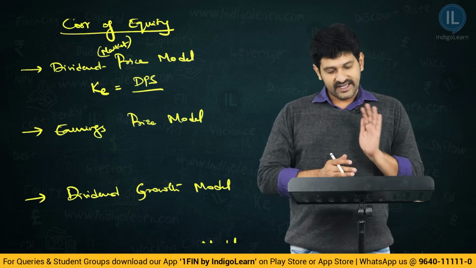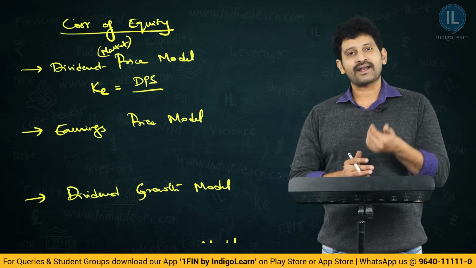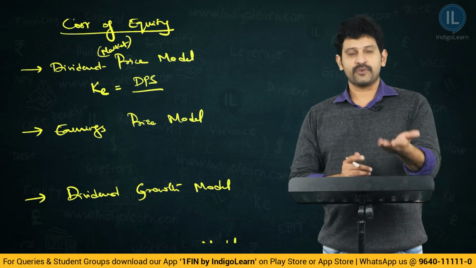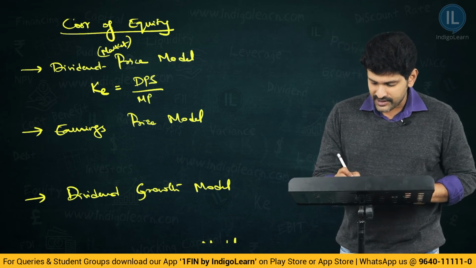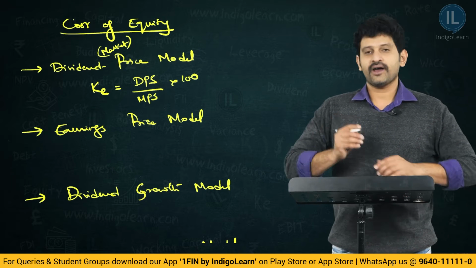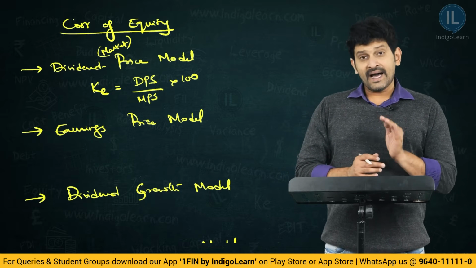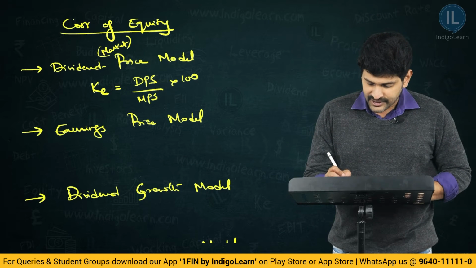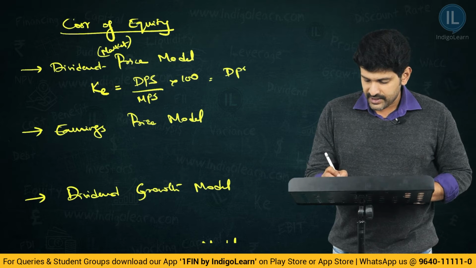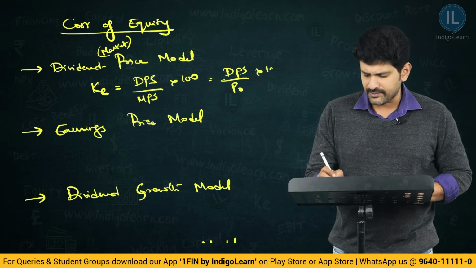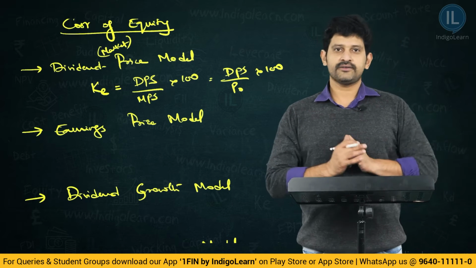It is called dividend price model, or dividend market price model. Dividend on the numerator and market price on the denominator into 100. That's all, as simple as this. Now, market price is also indicated as P0. Therefore, DPS by P0, the current market price, into 100.